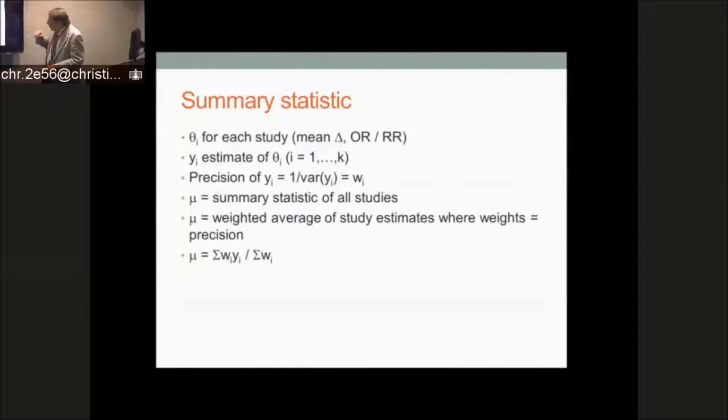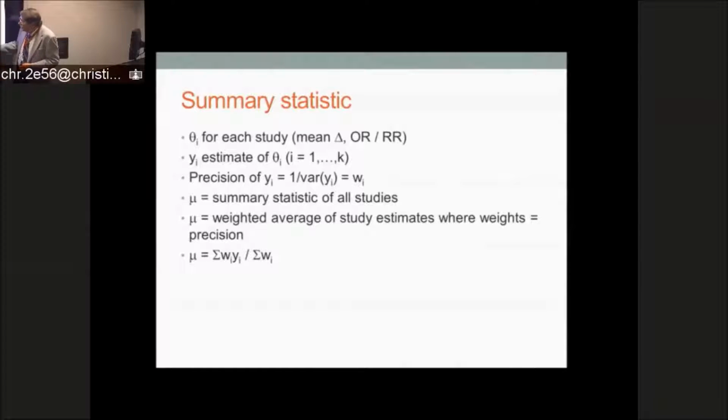That variance, of course, is dependent on sample size. Generally the bigger your sample size, the less the variance. The smaller the study, the bigger the variance. So when we come up with this summary statistic across all studies, it is actually a weighted average, where the weights are the precision. In other words, it's 1 over the variance, dependent on the sample size of the individual study.